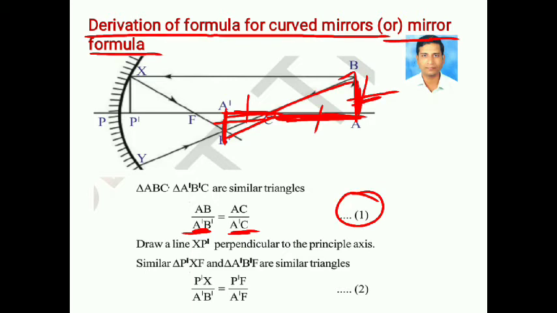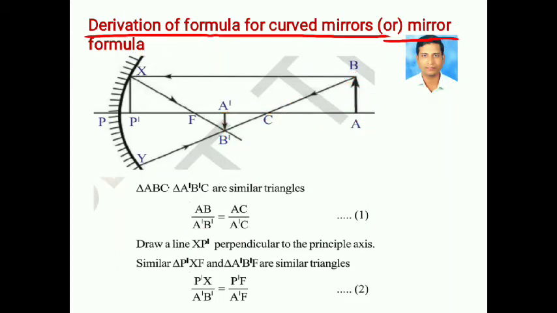Now let us draw a line XP dash perpendicular to the principal axis. Now we get two more triangles, P dash FX and A dash B dash F. These are two similar triangles.